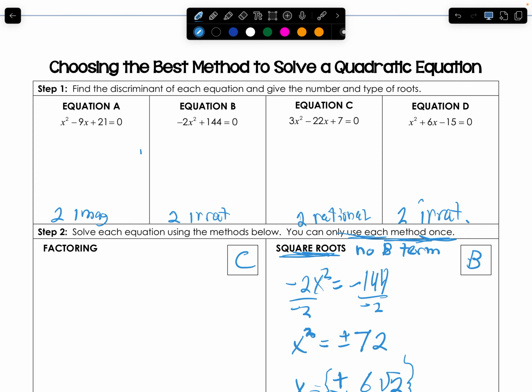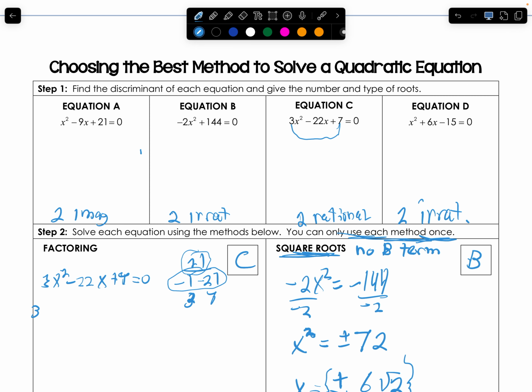So do the AC method. AC method is this times this. 3 times 7, 21. 1 times 21, or 3 times 7. Actually, I think 1 and 21 work perfect for me. What do I want? I want minus 22. If I want minus 22, I would have a minus and a minus, which multiplies together to give me the positive, and when I add them up, it would give me negative 22.